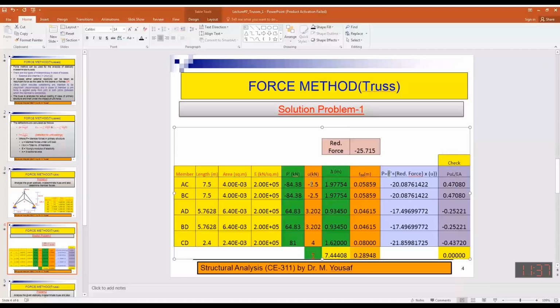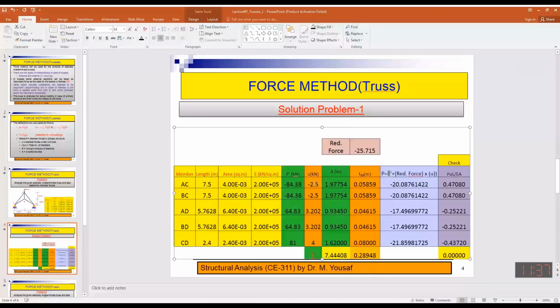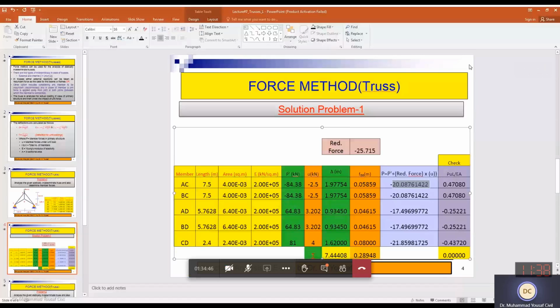So it will be minus 84 and plus 2.5 into 25.7. So it will come out to be 20 point something. Yes, sir. Just calculate all the forces.